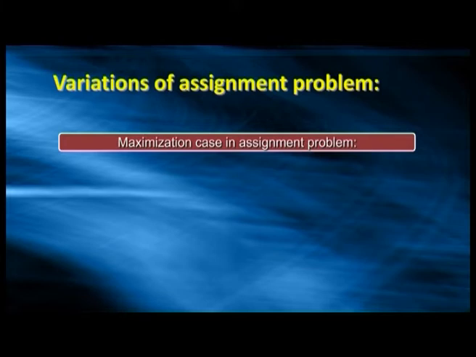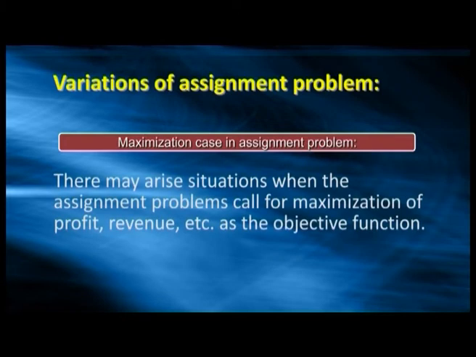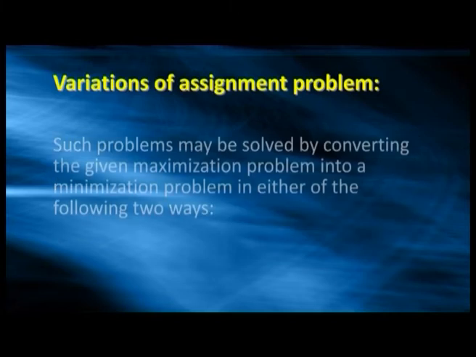Maximization case in assignment problem. There may arise situations when the assignment problem calls for maximization of profit, revenue, etc. as the objective function. Such problems may be solved by converting the given maximization problem into a minimization problem in either of the following 2 ways.